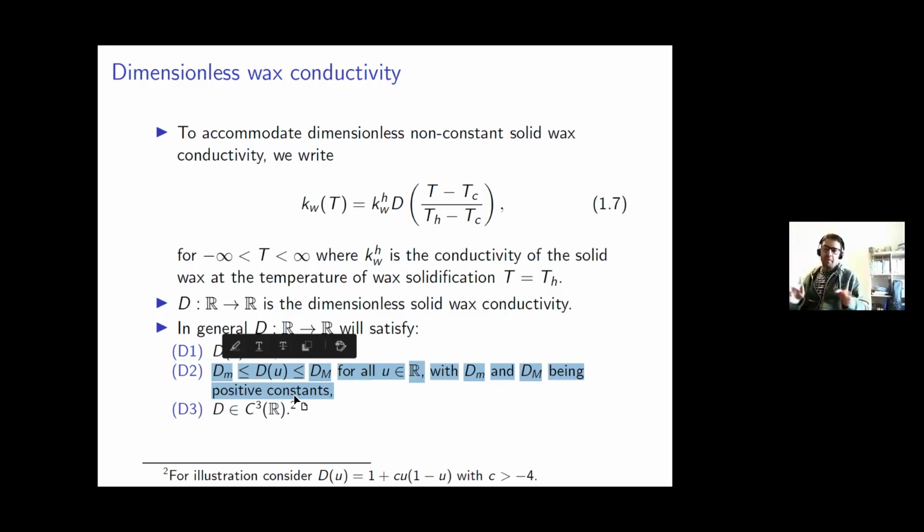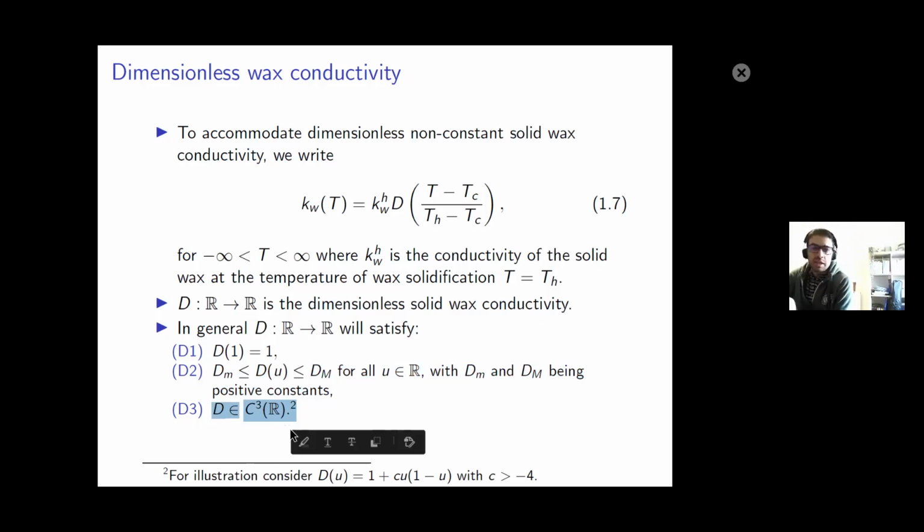But in a mathematical sense, it also ensures that our partial differential equation is parabolic. Without this type of condition, you can get away from the case where heat moves from hot to cold, and you can get away from the case where the PDE has regularity. Parabolic partial differential equations, be they linear or non-linear, have lots of smoothing properties, so it's quite nice to have them if you have them. Now, a last property of D that we impose is that D is 3 times continuously differentiable.